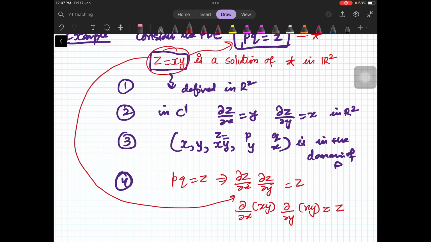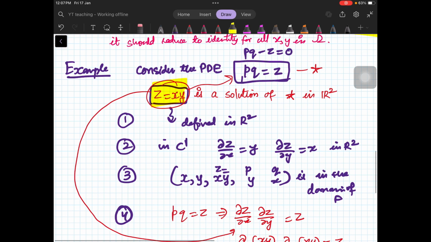So this will be y into x equal to z, which is xy. Which is an identity for all x, y in R2. Okay, so that means this is a solution of this PDE.